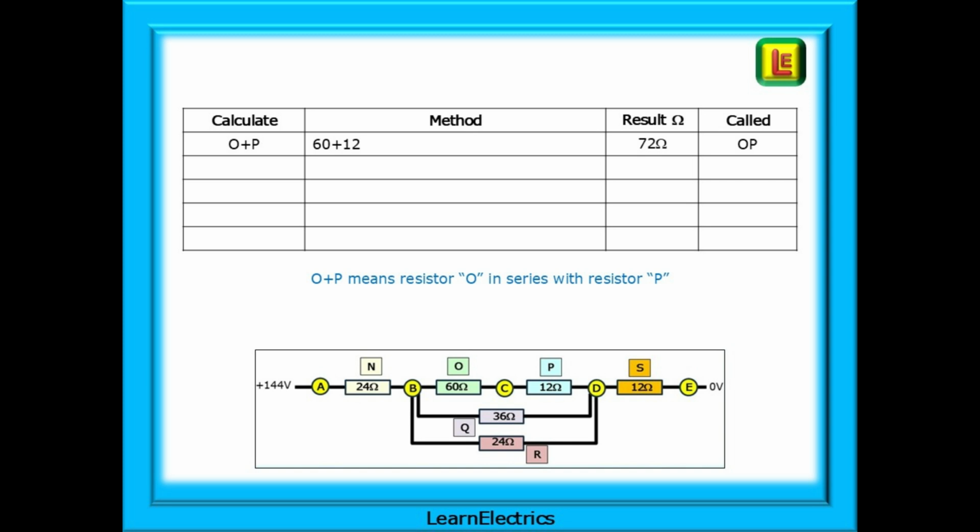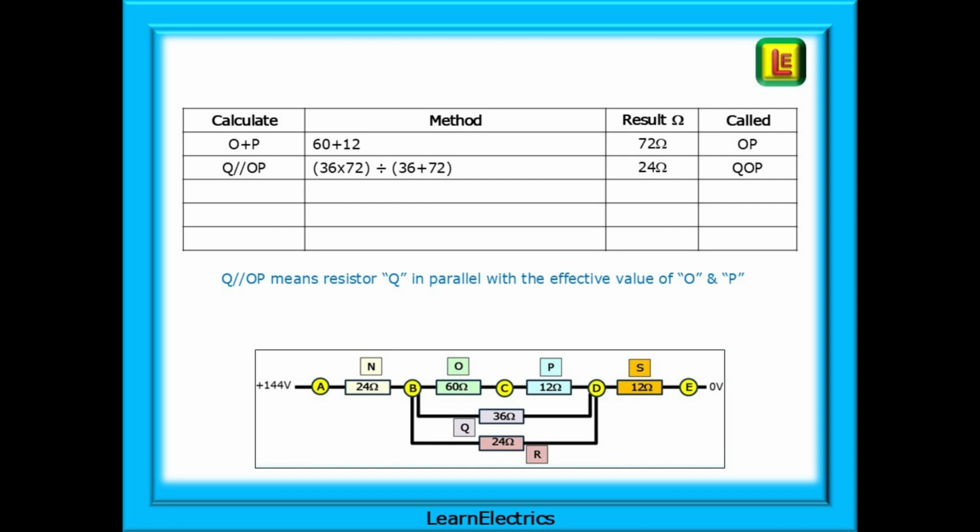I've used O plus P to show that O and P are in series with each other and that their values must be added together. A 60 ohm and a 12 ohm resistor in series have an effective resistance of 72 ohms, and we will call these 2 resistors together as OP.